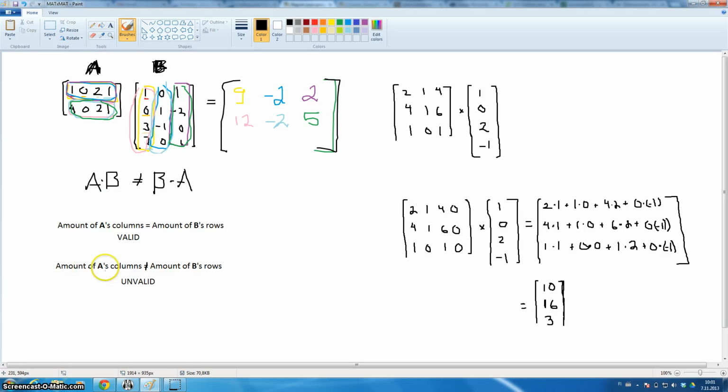So if the number of A's columns isn't the same as the number of B's rows, it's invalid.